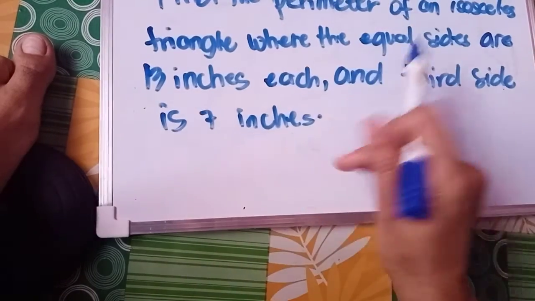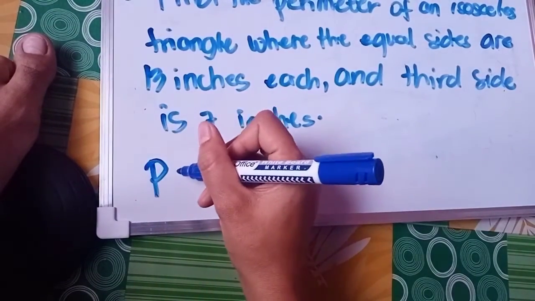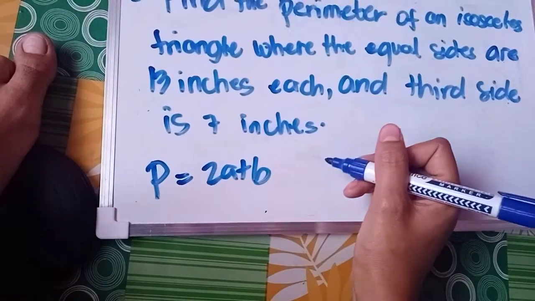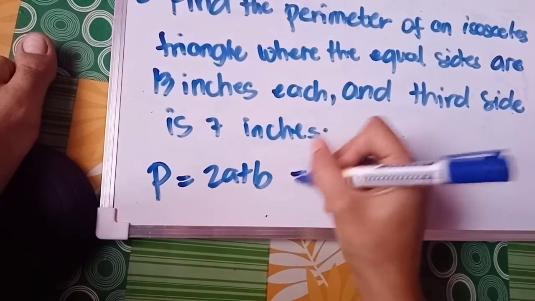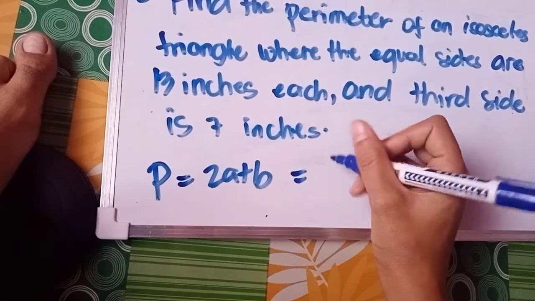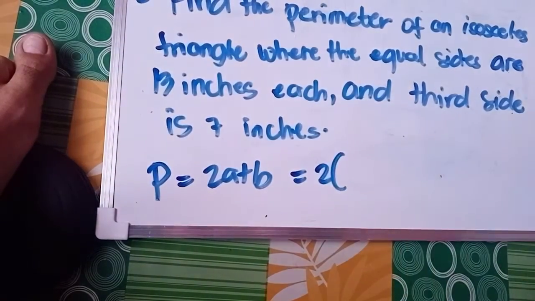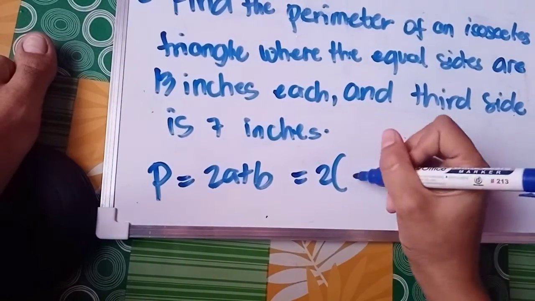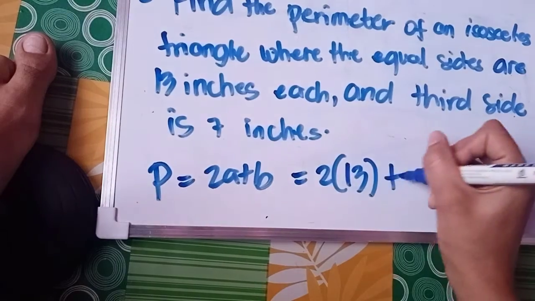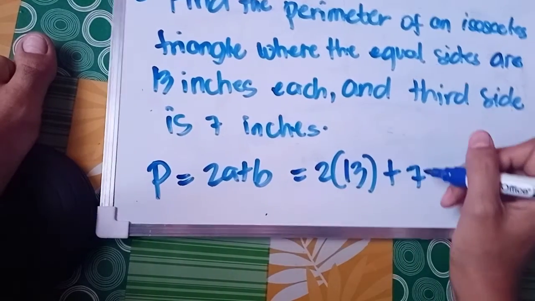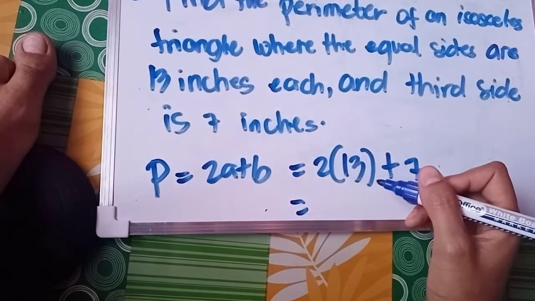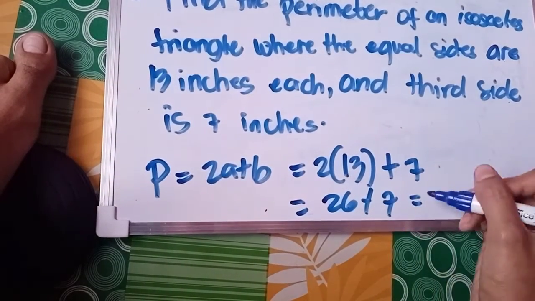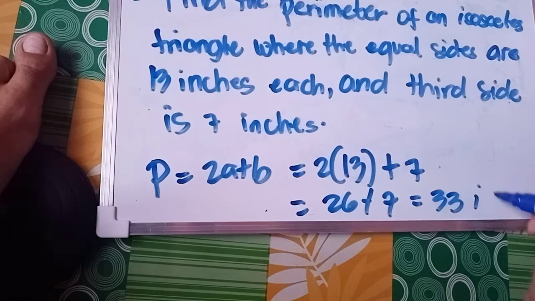Our formula is perimeter of isosceles equals 2A plus B. The equal side is 13 inches, so 2 times 13 is 26, plus 7 equals 33 inches.